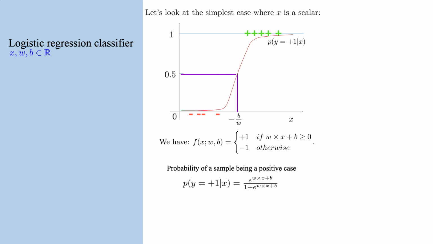And when you have wx plus b, the idea is that at some threshold that we're going to go over, we are going to call everything over here positive class, and everything under here is going to be negative class. Typically, we take that point to be where the logistic function goes over 1/2.